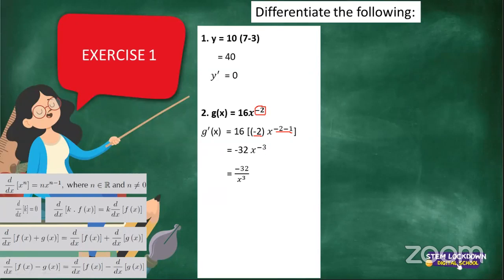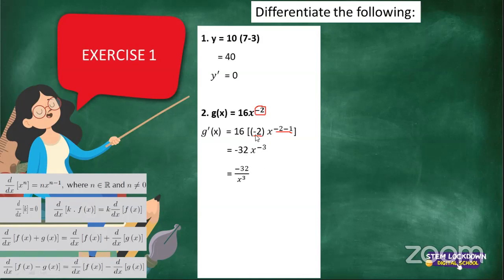From the knowledge of rules of exponents, we know that we can write our answer in this form, which is -32 divided by x cubed. Remember, you can just move directly from this term to that term. It will depend on the marks. But I'm just showing for those who will probably not understand why I wrote it in this form.